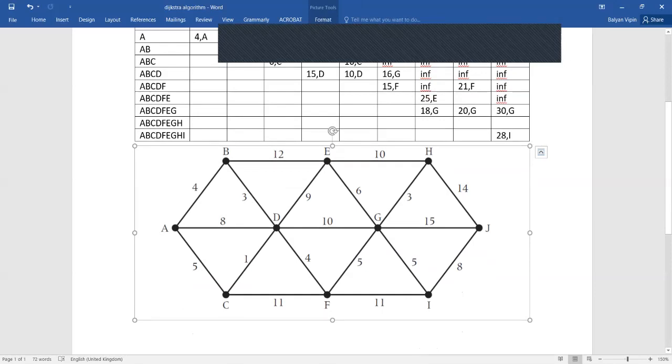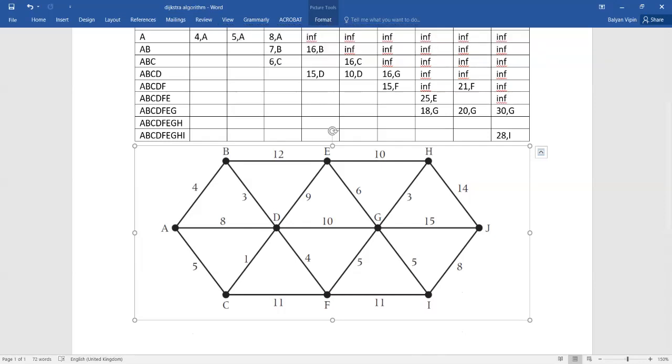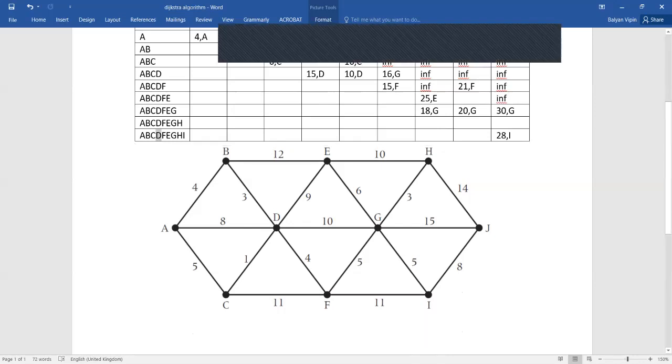But if I go from A to B, there's no route from B to C. So out of these, we will select the route which will help us reach J in minimum value. What is the next node we have here?